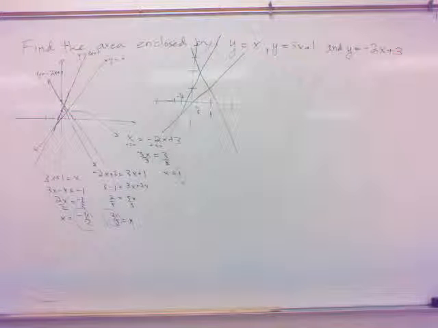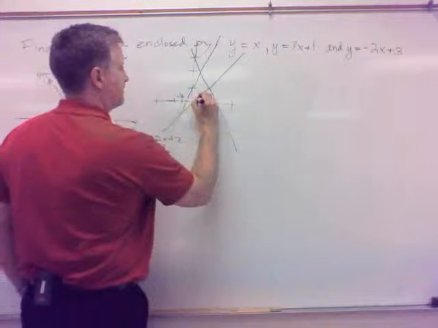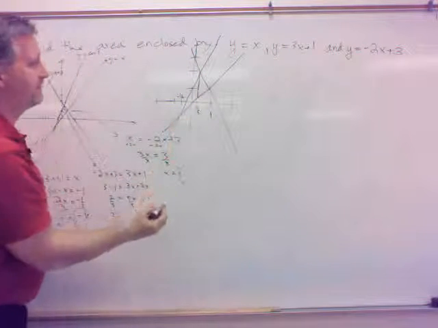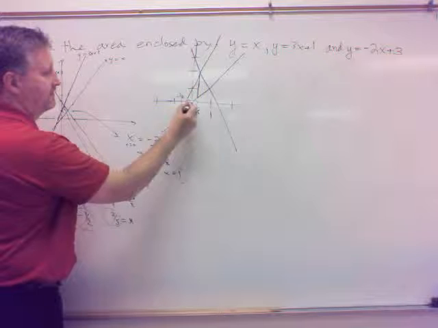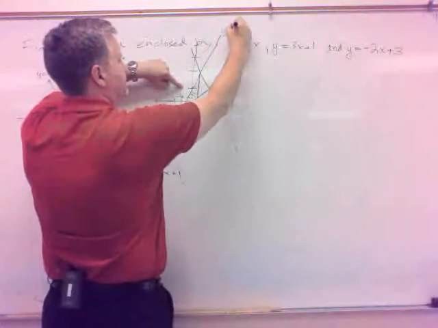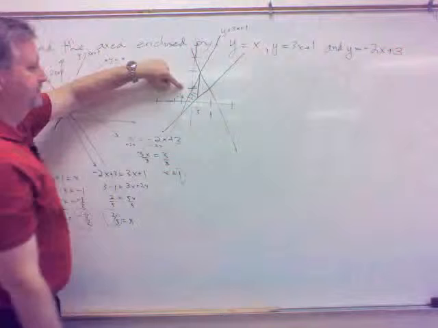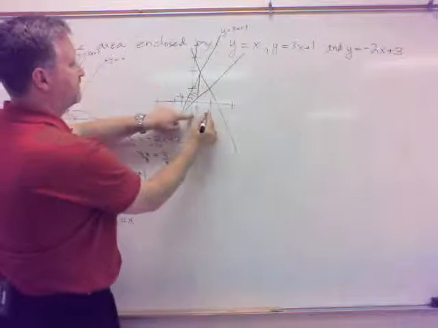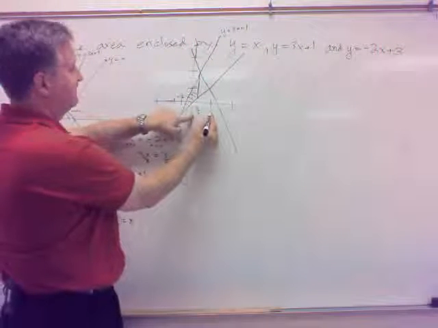I have to do two integrals. Because from the 2/5 to negative 1/2, what have I got? Well, on top, I've got y equals 3x plus 1, but what's on bottom? Y equals x. From 2/5 to 1, what have I got?